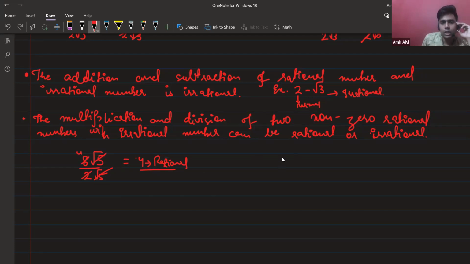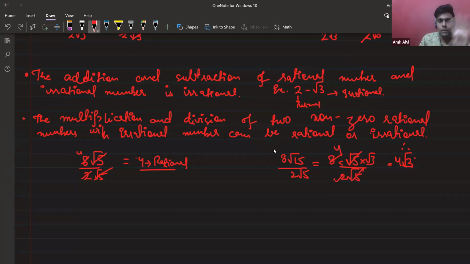Now, if we take this example here, 8 root 5 into root 3 upon 2 root 5, yes or no? Root 5 will cancel out root 5, 2 will be here. Now, what is this? 4 root 3. Is it irrational or rational? Irrational because root 3 is there. So I told you that the multiplication or division of two non-zero rational number and irrational number can be rational or irrational.